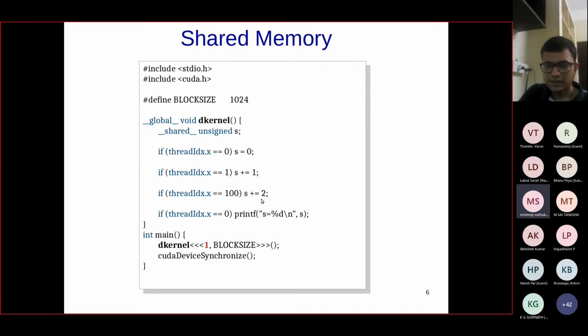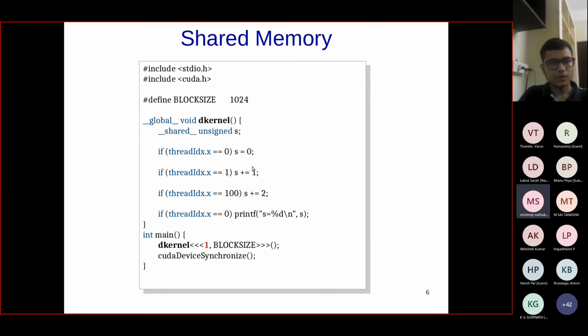So the value that thread 100 will write in s is garbage plus 2, and then thread 1 will again read that garbage plus 2 value, add 1 to it, and write garbage plus 3 in the variable s, and then finally the thread with ID 0 will print this value, which is garbage plus 3.